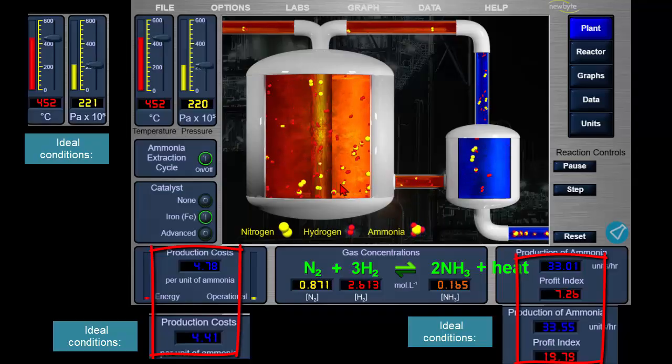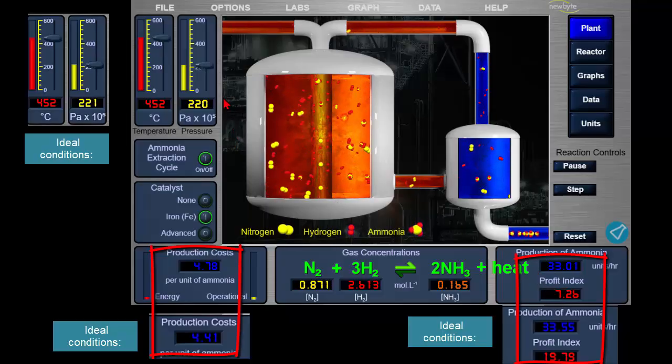What seems to be going on is the production costs actually go up, because even though it's less pressure, you've got to repressurize and recycle and reabsorb this component here. And so you're increasing the amount here that needs to get recycled. So ironically, even though it's cheaper to decrease the pressure, it actually costs more over here, and the production costs go up. Not only are you getting less ammonia, it's also costing more to recycle, so the profit is going down.